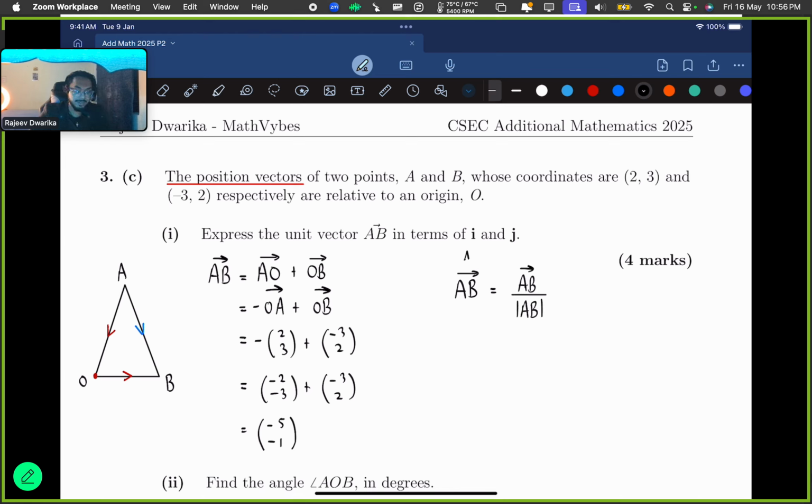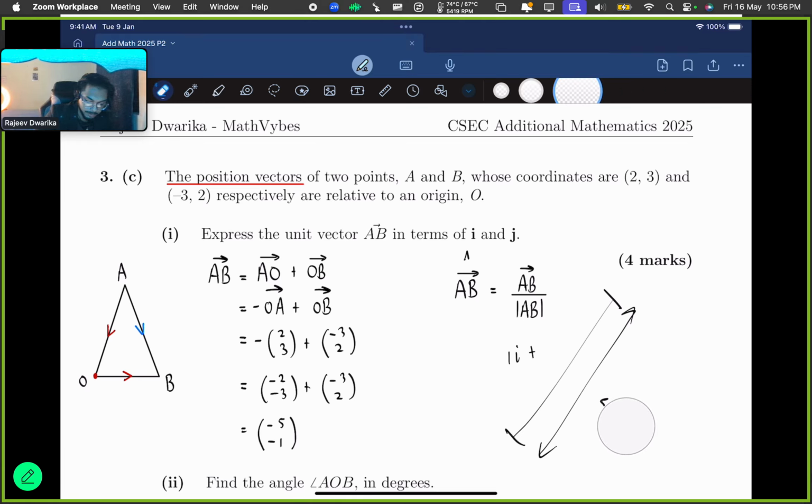And you know it makes sense because if I have a vector that's, let me just say, you have a vector that is 25 units long.